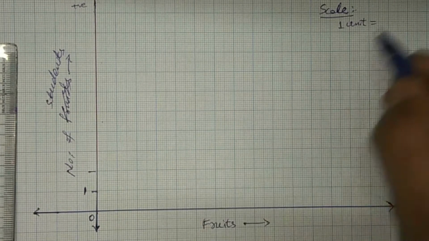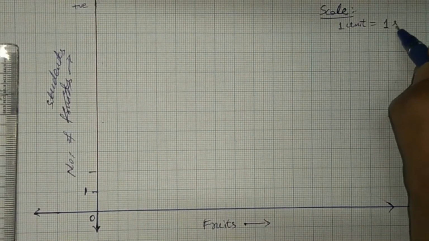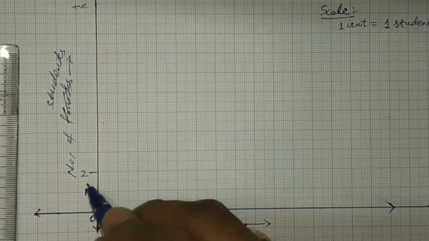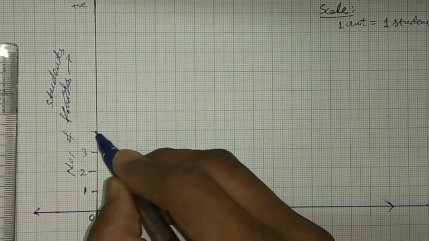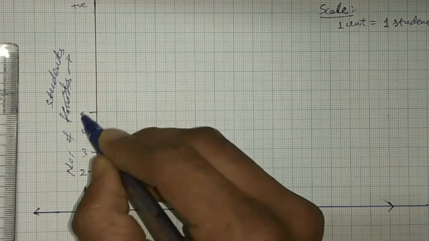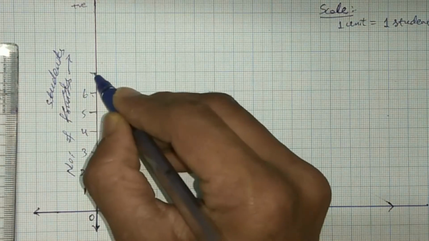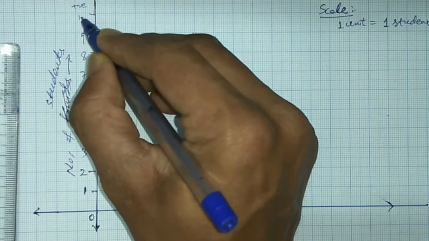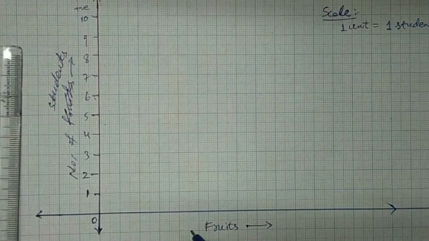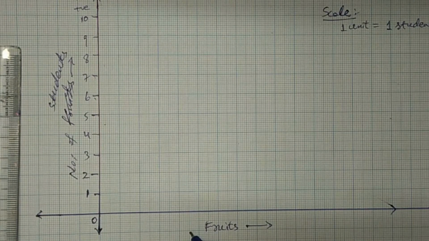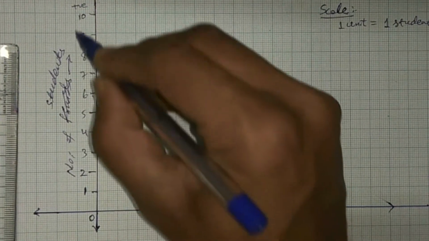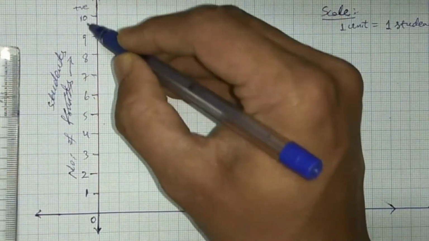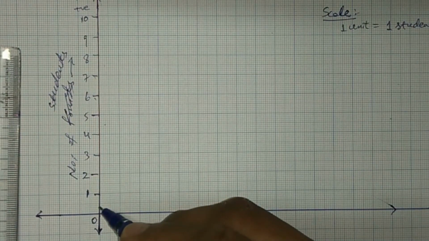So, 1 unit, if I consider 1 student, then I have continuously 2, 3, 4, 5, 6, 7, 8, 9 and up to here being 10. Now, on the vertical axis I have the number of students, where I have shown 0 to 10 natural numbers.